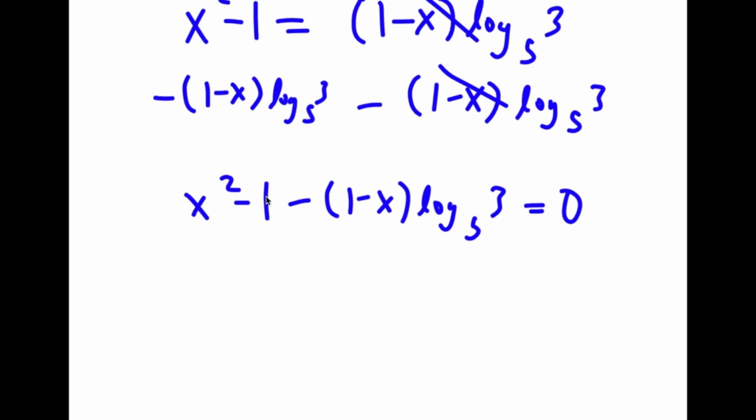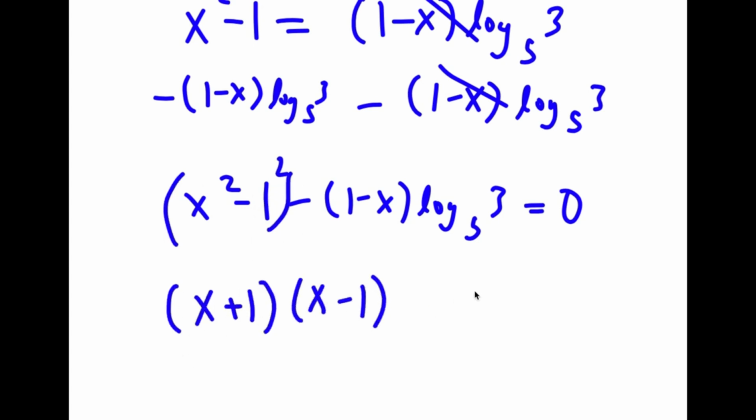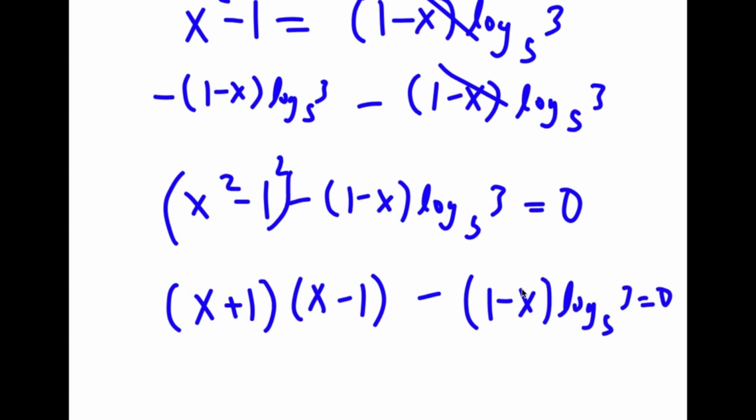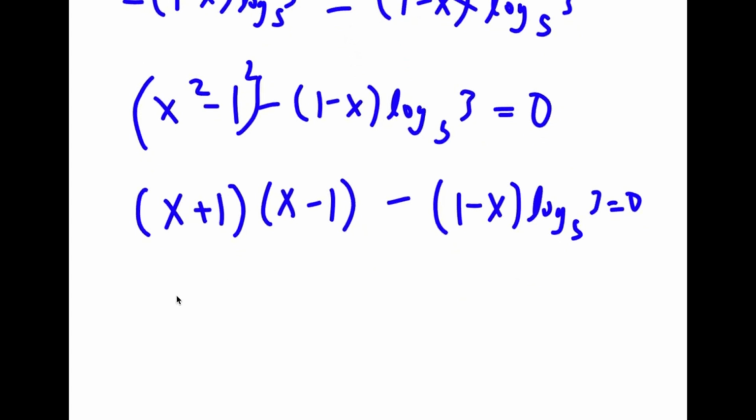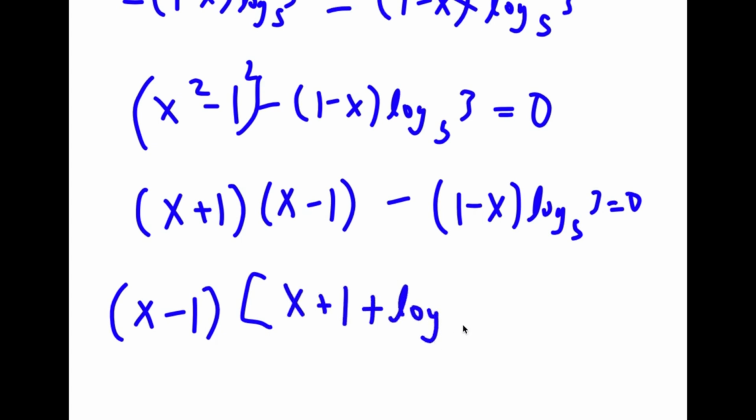And now x squared minus 1, this is the same thing as x squared minus 1 squared, which is the same thing as x plus 1 times x minus 1. So I have this minus 1 minus x times log base 5 of 3 is equal to 0. And now if I factor out x minus 1, I get x minus 1 times x plus 1 plus log base 5 of 3 is equal to 0.